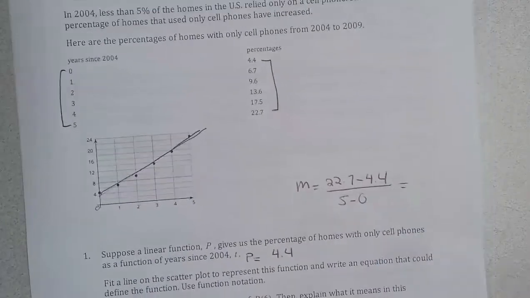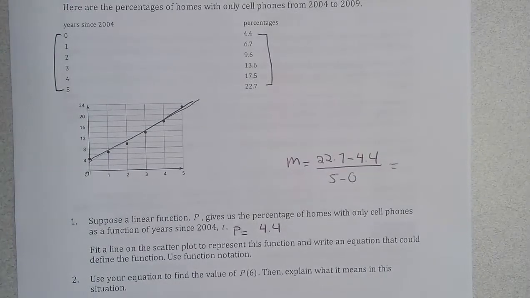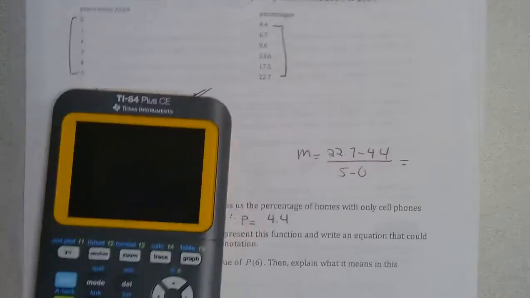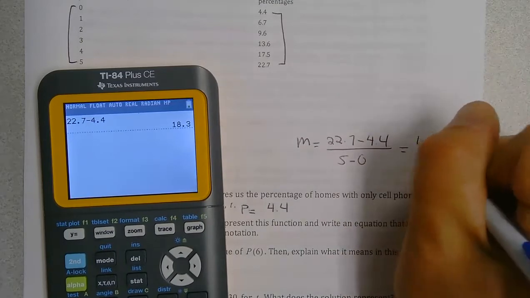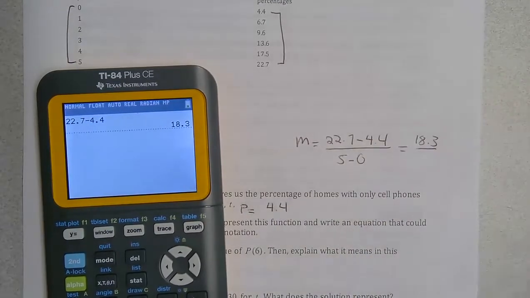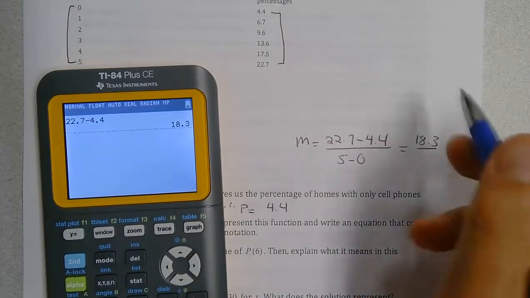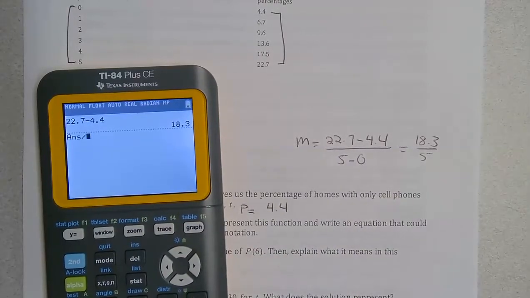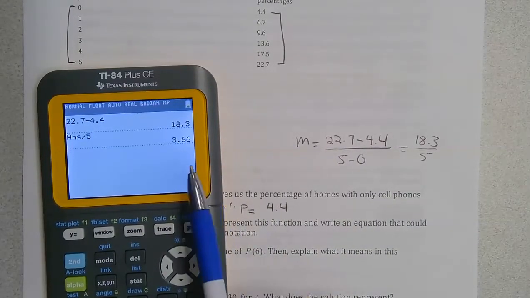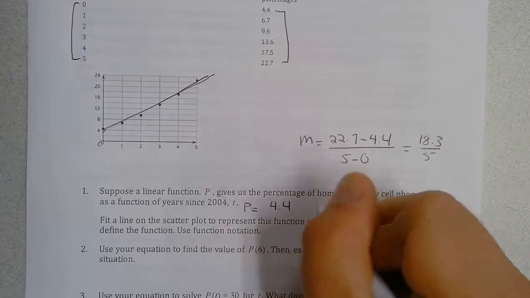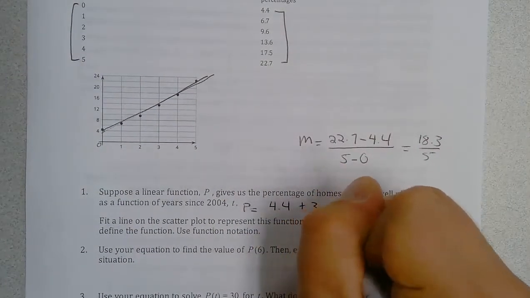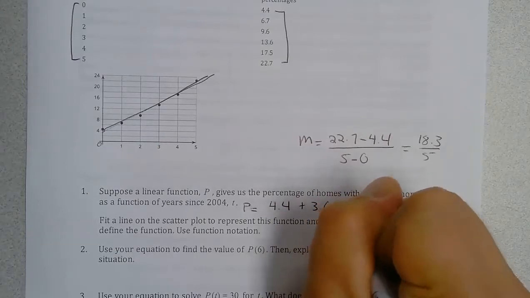And then once we do our subtraction, again, I would use a calculator with the decimals. 22.7 minus 4.4 gives us 18.3 over, and then 5 minus 0 is 5. So my slope, we're adding 3.66% per year. So plus 3.66t.